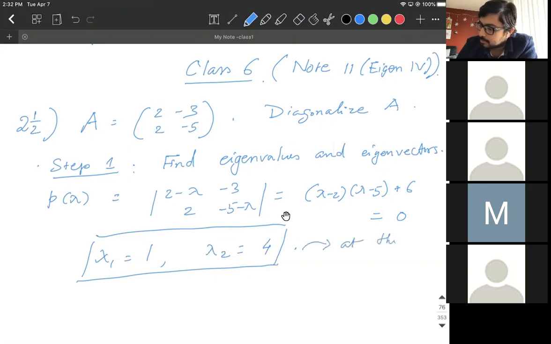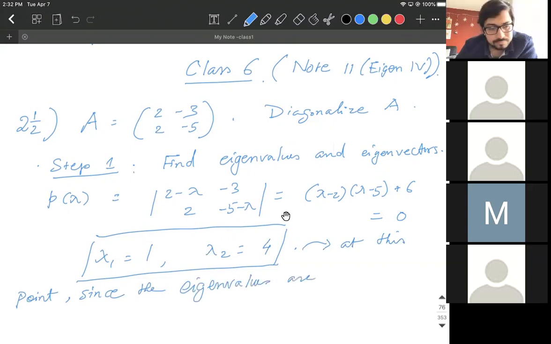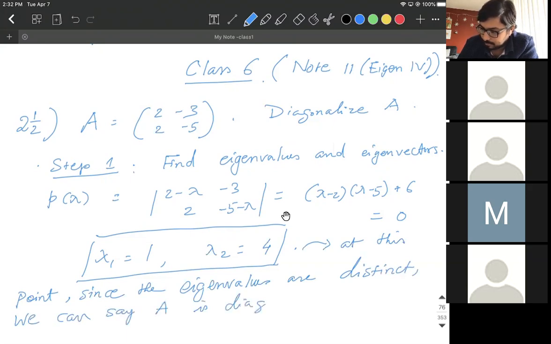So at this point, since the eigenvalues are distinct, we can say that A is diagonalizable.